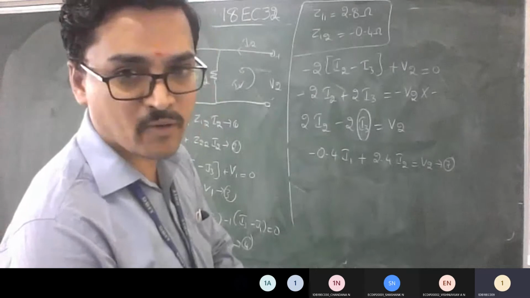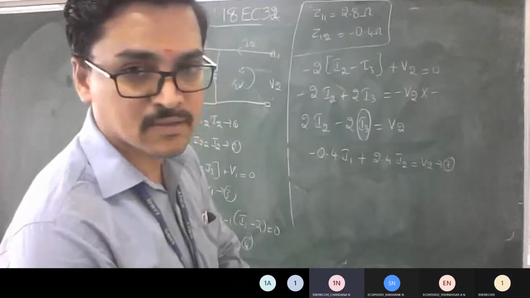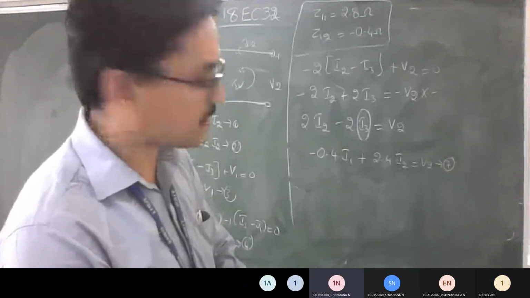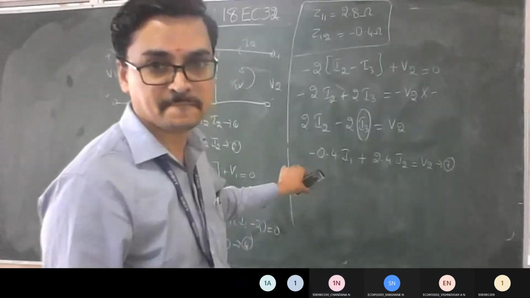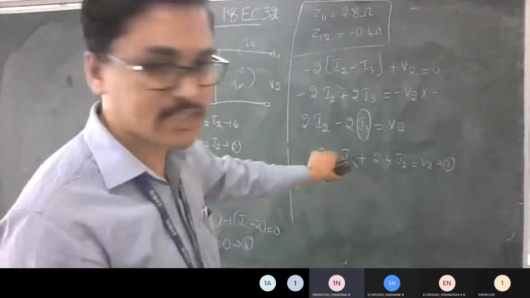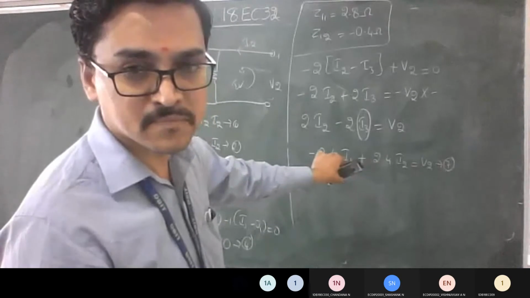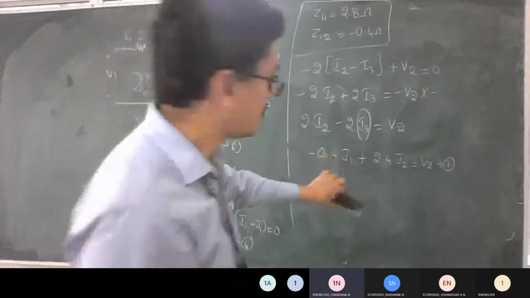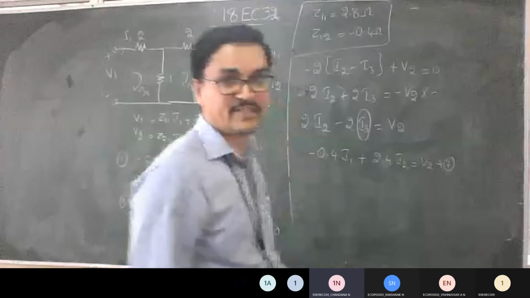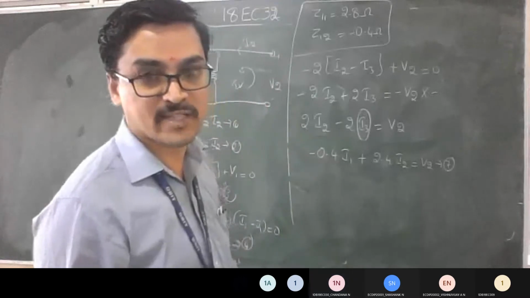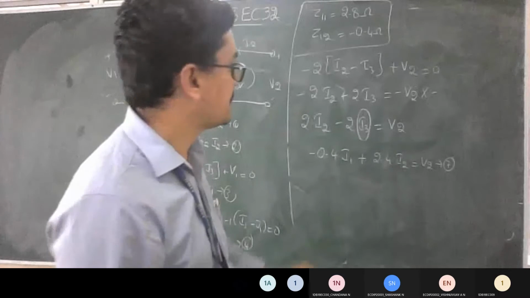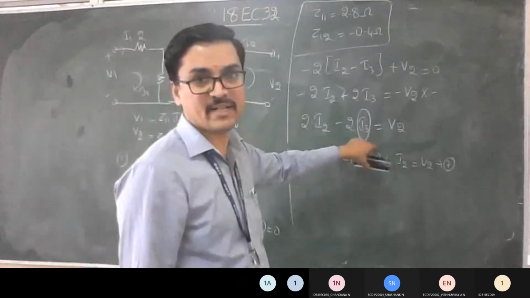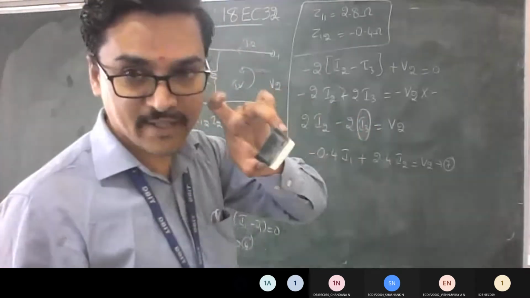Why different answers? One is saying one thing, another is saying another. Just substitute I3 value here and tell me the answer.